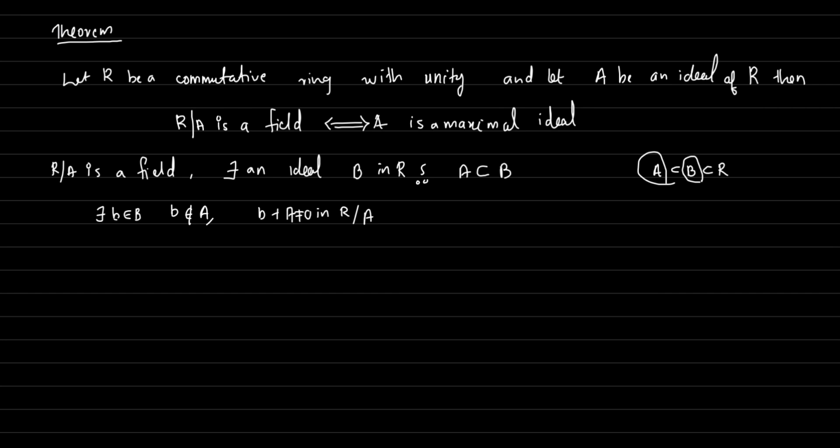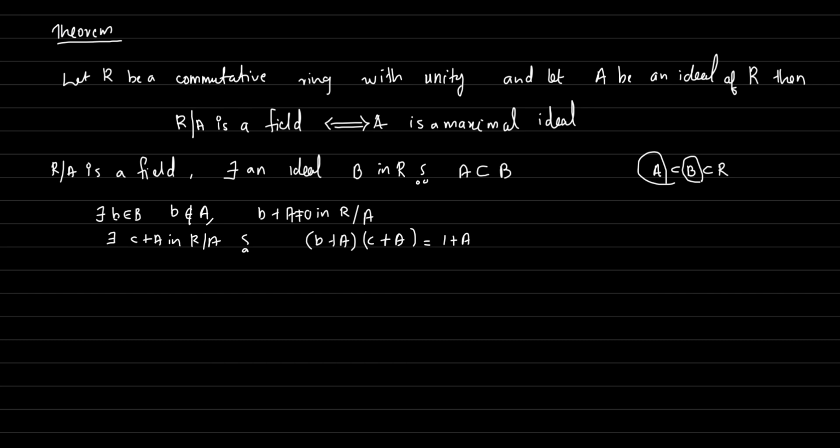So there exists an element c plus A in R over A such that (b plus A) times (c plus A) is equal to 1 plus A. This is the multiplicative identity, which means unity in R over A.